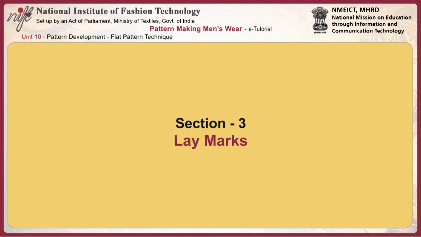Lay marker. Introduction. Lay marker is for calculating fabric consumption, achieving the grain line and fall of the garment, and efficiency in utilization of fabric. In industry, it is considered a very important function in production planning control because mass production of garments in various sizes takes place.